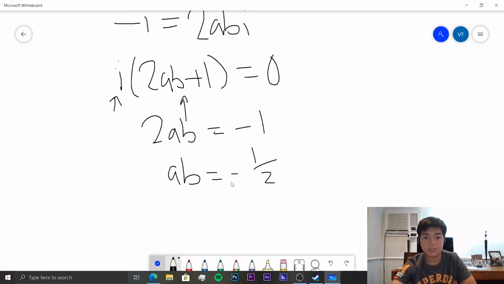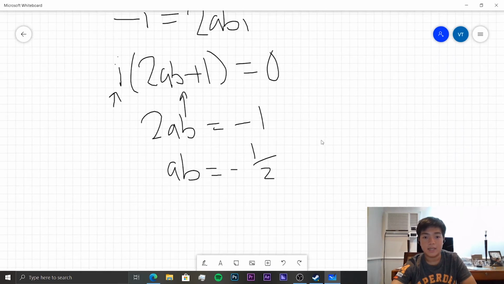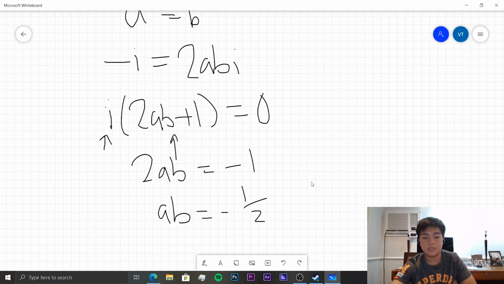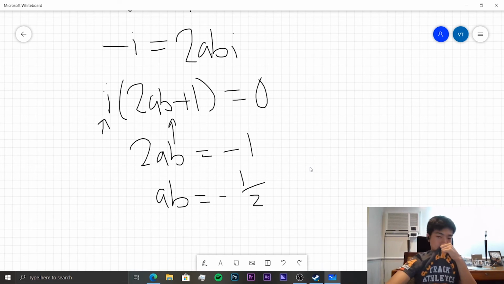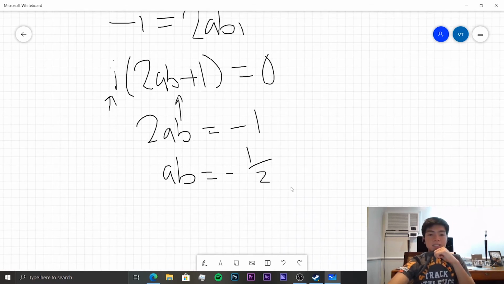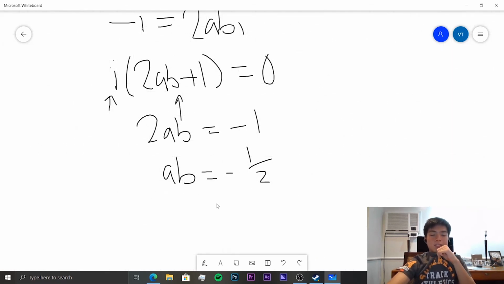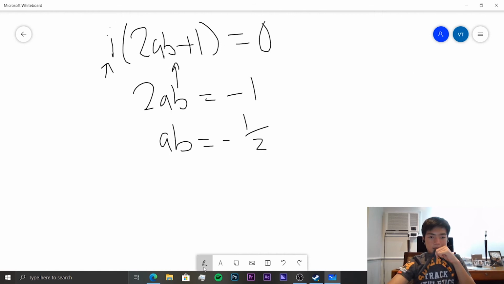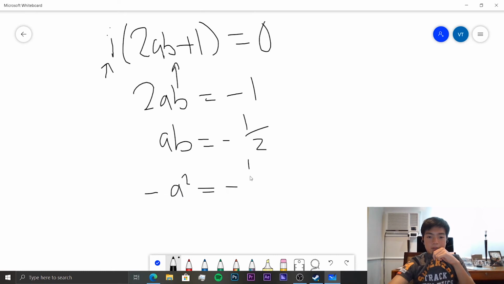And since a squared equals b squared, it means that a must be the negative value of b, since we have a negative number when we're multiplying two numbers together. So negative a squared is equal to negative 1/2.